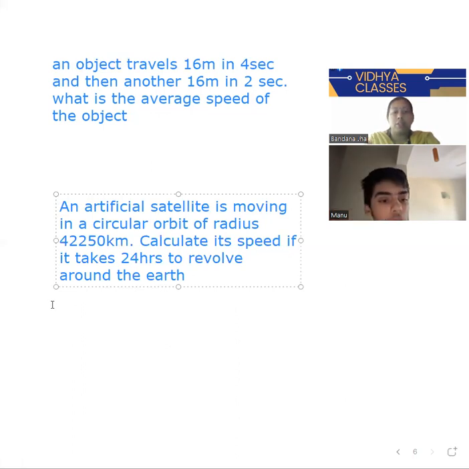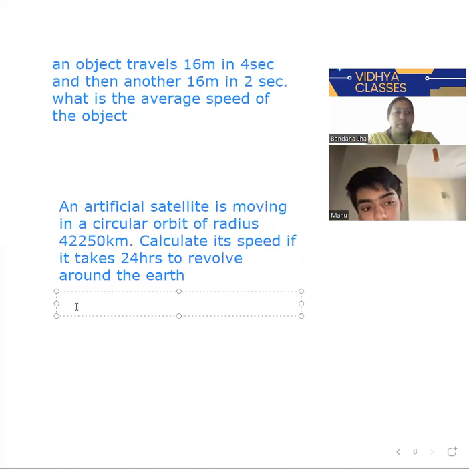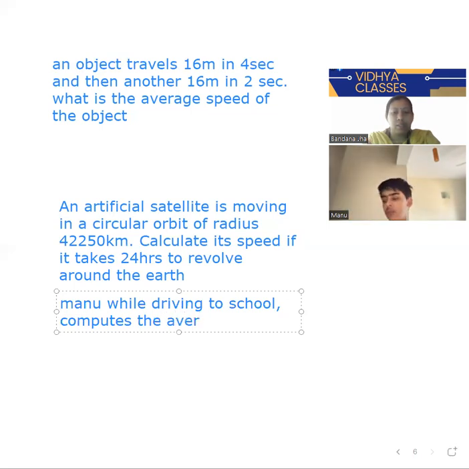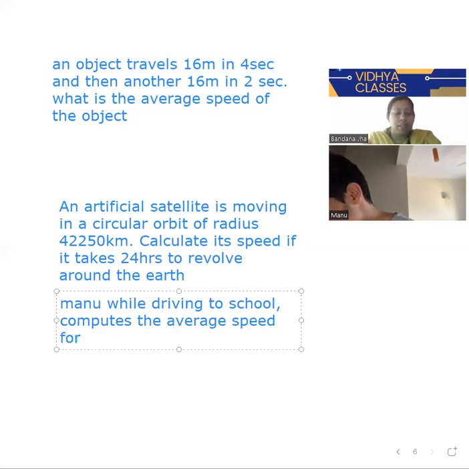Now, next question. Manu, while driving to school, computes the average speed for his trip to be 20 kilometer per hour.